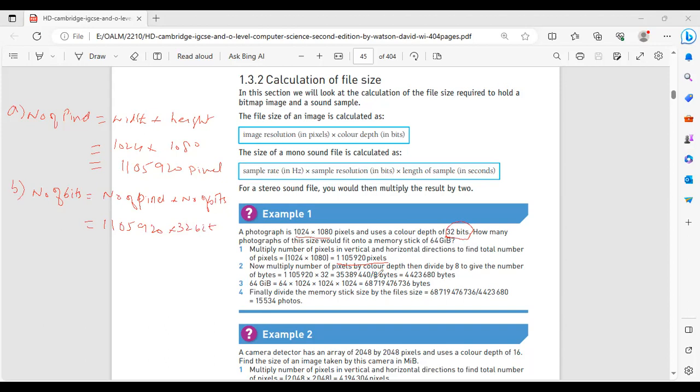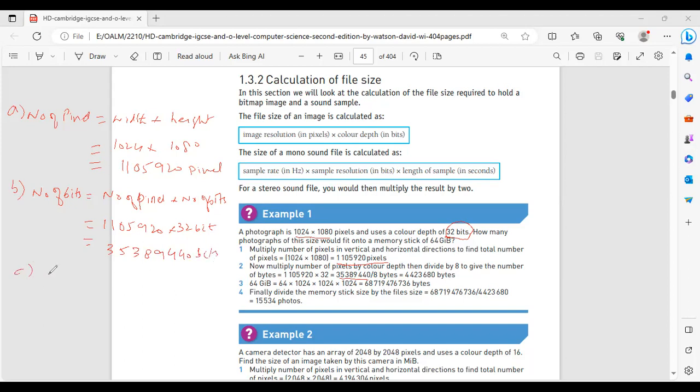So now number of pixels times the color type gives the number of bits, and then we divide by 8 to get the number of bytes. So you will get 3538940 bits. Okay.